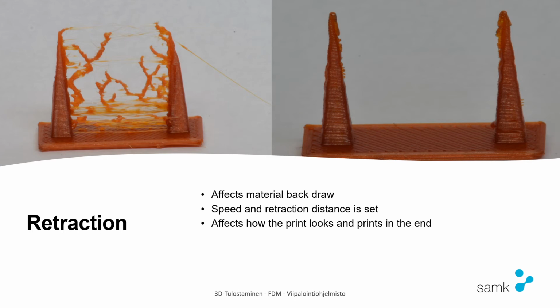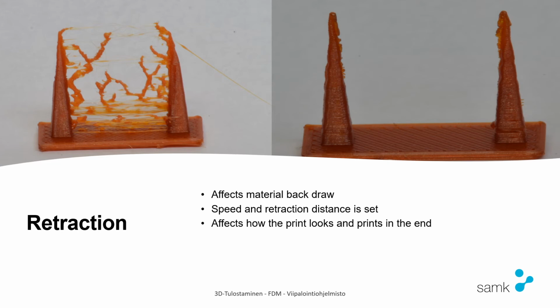When it's finished, it will go to the other one again, and so on. This effect will leave strings or little pieces of plastic on the print or in between. With retraction, we can fight back against this.